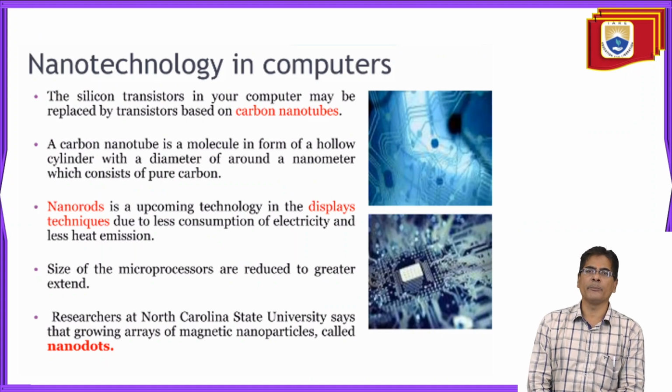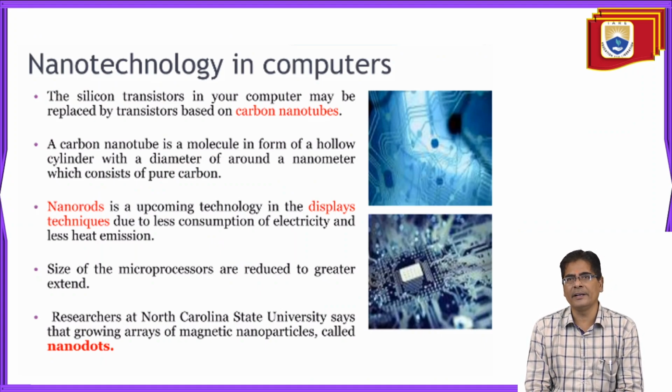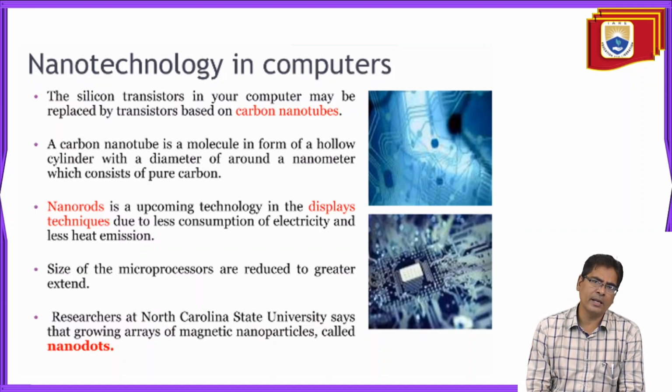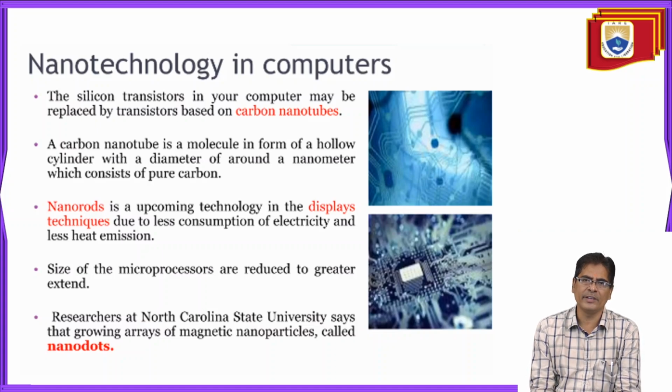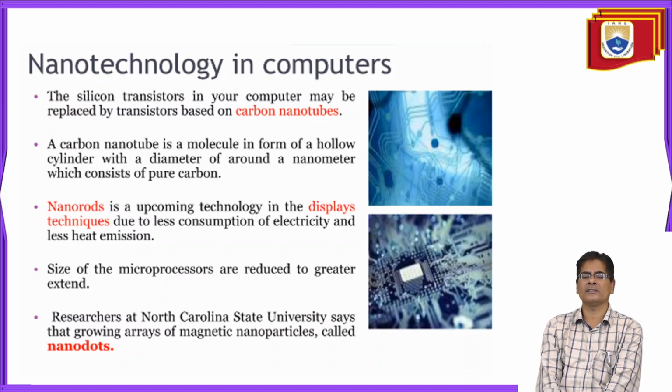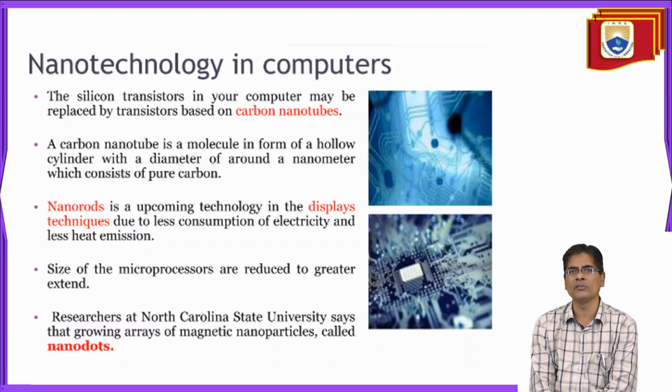Now, nanotechnology in computers. The silicon transistor in our computer may be replaced by a transistor based on carbon nanotubes. We have silicon-enabled chips, that is, very large scale integrated chips based on VLSI design, and the substrate materials that people use are silicon.